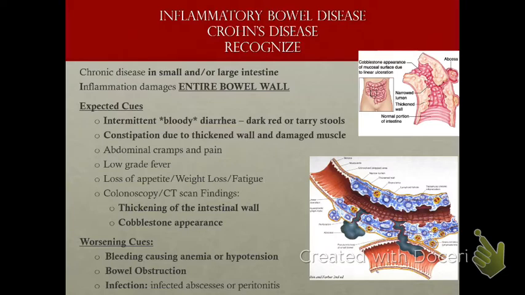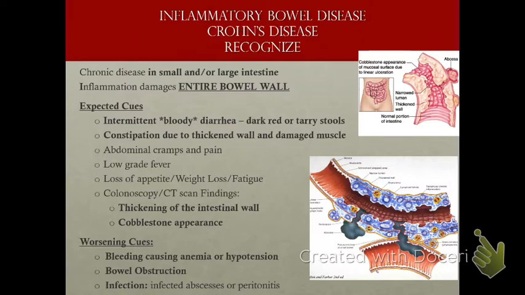It's attacking your entire bowel wall. Your white blood cells are going in there and eating up your bowel wall, causing swelling, scarring, and inflammation in that area of the bowel. If you would like answers to that, I don't know why. It's autoimmune. The symptoms of a flare-up are intermittent bloody diarrhea, which means this area, when it's inflamed, bleeds.